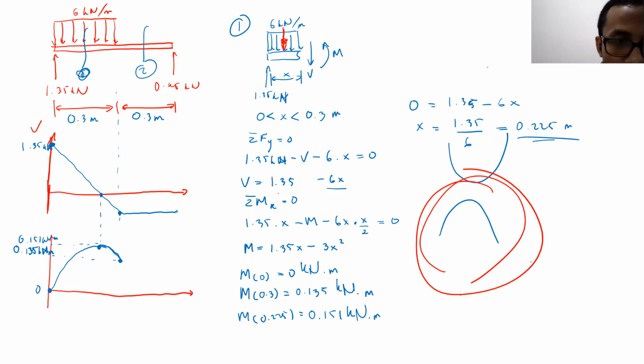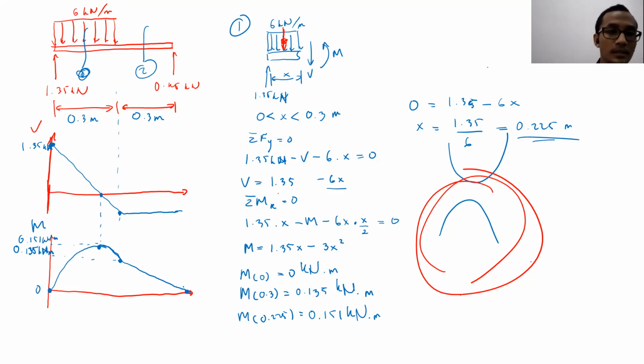Then the moment value will keep going down from 0.135 until it reaches 0 at the end. Something like that. Do you get it, Rizky? Yeah, I get it, Pak.